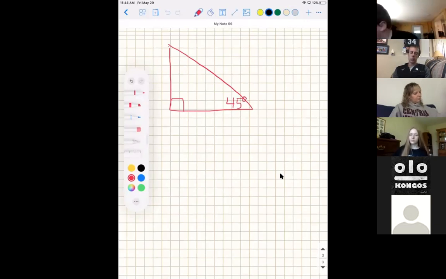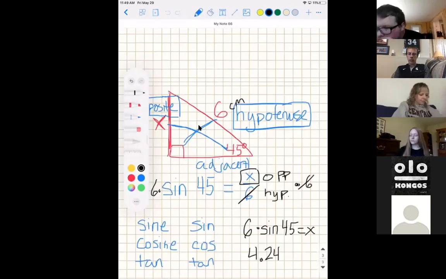In this case, our hypotenuse is 6, and we want to know the vertical side length. We want to know this side right here. How long is it? So go ahead and take a minute, figure out which trigonometric ratio I'm going to use, sine, cosine, or tangent, based on the two sides we have. And then get that ratio set up.